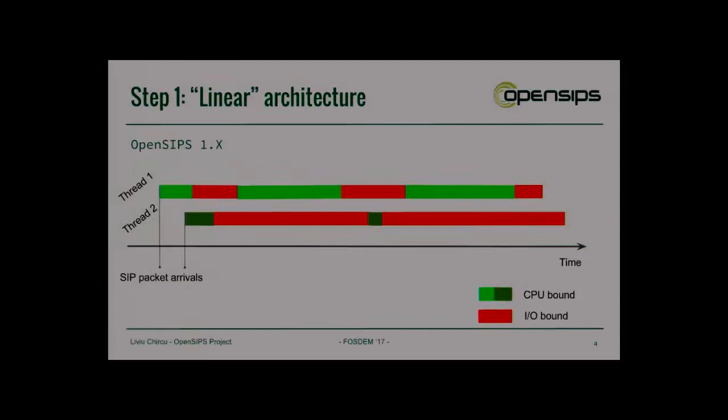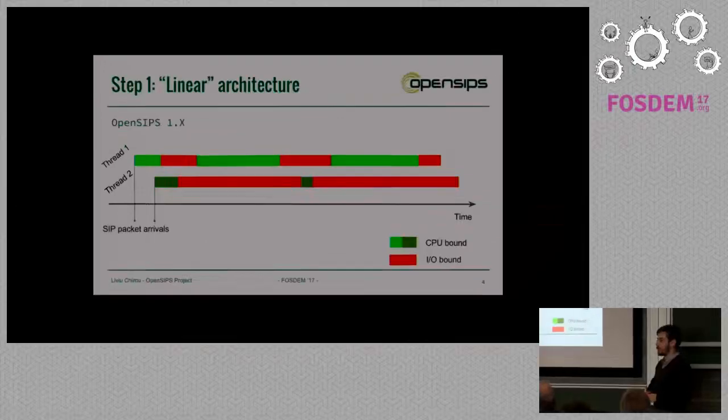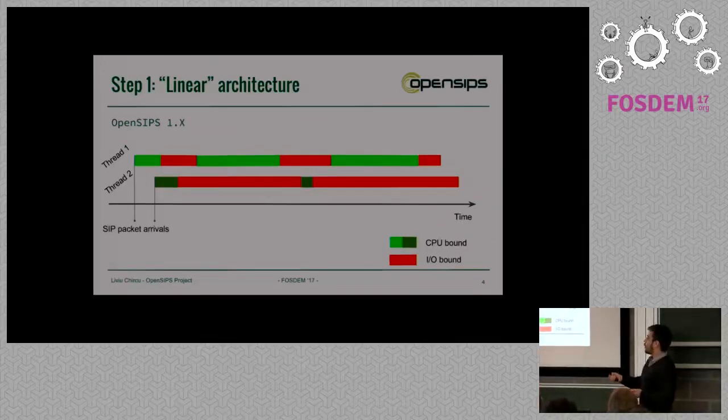So this is how most of the platform is running on OpenSIPS. I mean, not most, but people who are still using the 1.x series are using this kind of a linear architecture, where the horizontal lines are basically SIP message processing that, depending on how it's scripted on various platforms and services, may either do more CPU intensive loads or more blocking type of loads with red.